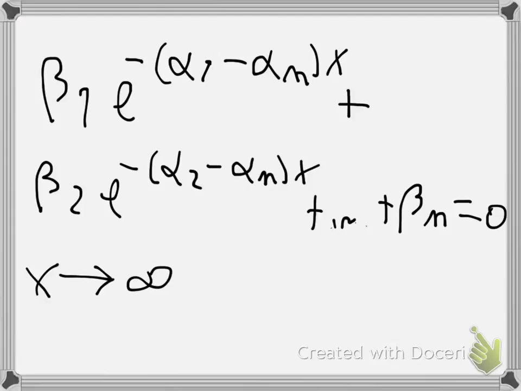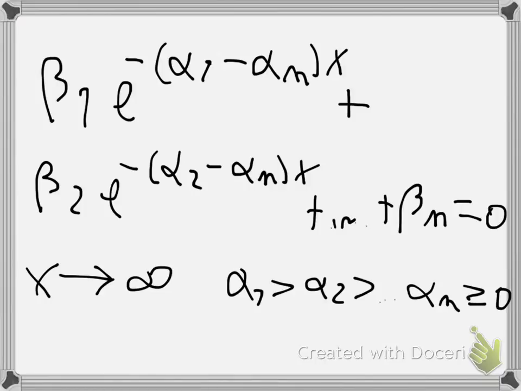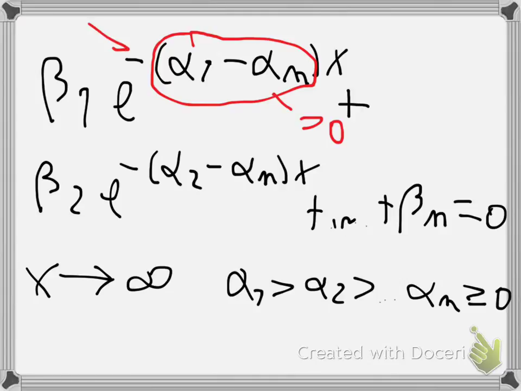We know that alpha 1 is greater than alpha 2, it's greater than alpha n, it's greater than or equal to 0. So this expression here, because alpha 1 is greater than alpha n, it will be greater than 0. And because there is a negative sign before, it will be 1 over e to the something times x.